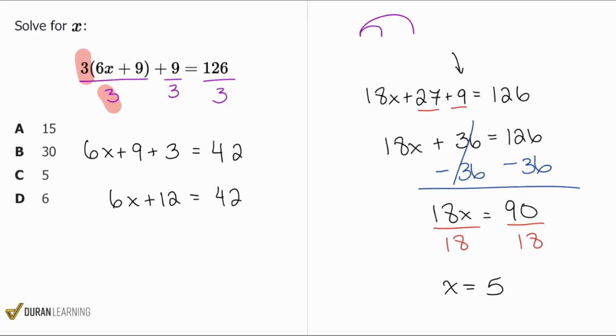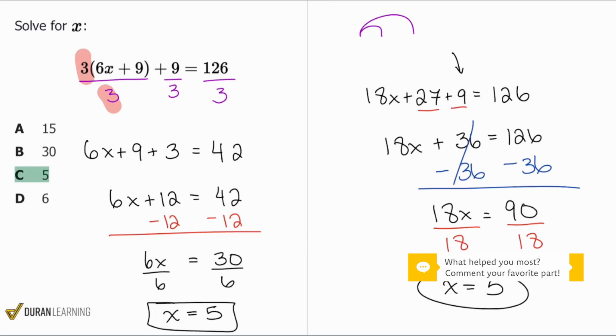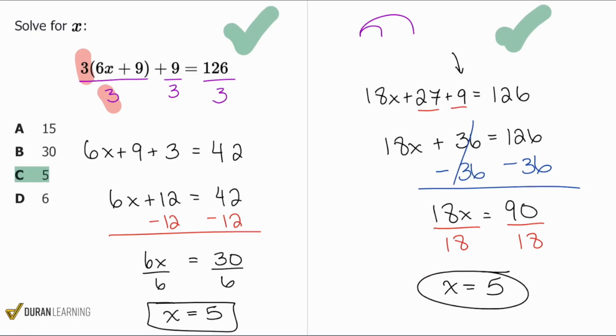Once we got that fraction out of the way, now we can just complete this by subtracting 12 on both sides, which gives us 6x equals 30, and then divide by 6 on both sides to give us x equals 5. Again, the same correct answer could have been done with some mental math, could have saved us some time, but regardless, both of these methods are correct and they both work.